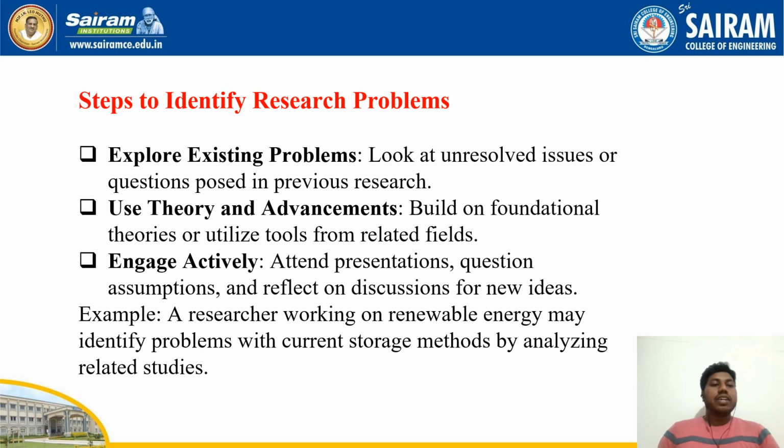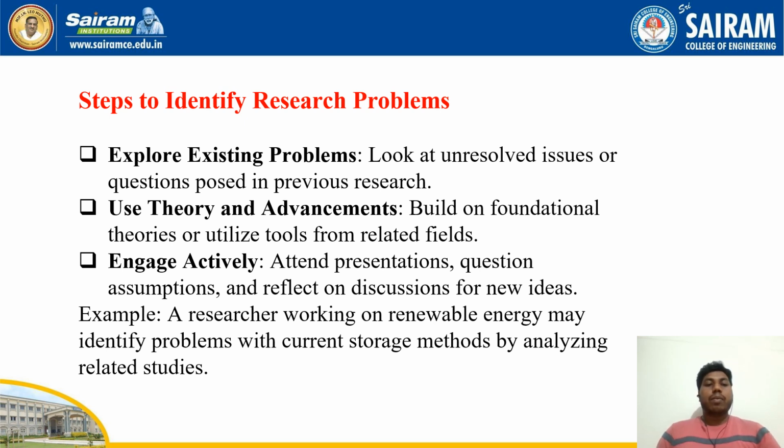So, the next slide is about the steps to identify research problems. First, we will start with unresolved questions or problems suggested by supervisors or literature. Second, we will build on foundational theories or use advancements in related fields.